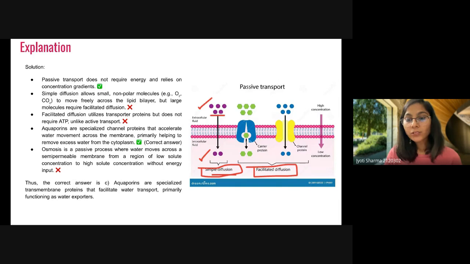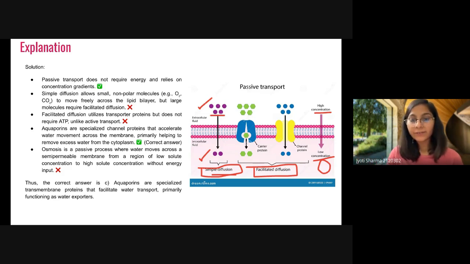And third is osmosis. If we have higher concentration outside and lower concentration inside, then what will happen? The higher concentration will move toward the low concentration, and this is how the molecule can be transported inside the cell. Okay, so we have simple diffusion, facilitated diffusion, and osmosis. These will come under passive transport.